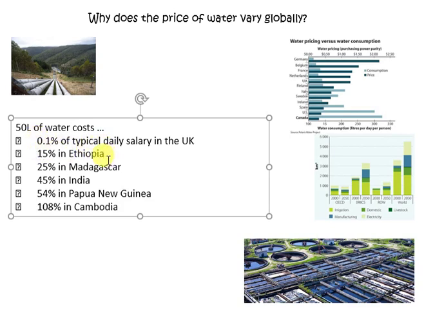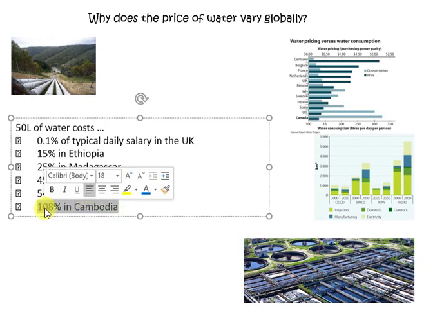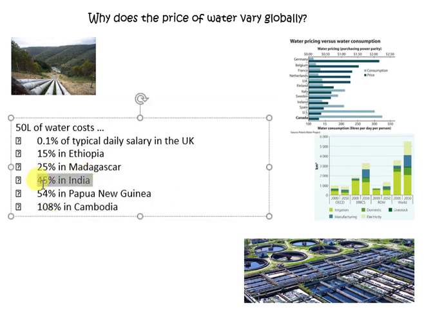Ethiopia 15%, 45% in India, 108% in Cambodia. So in some parts of the world, 50 litres of water costs more than what you earn. India, half of your daily wage would buy 50 litres of water.